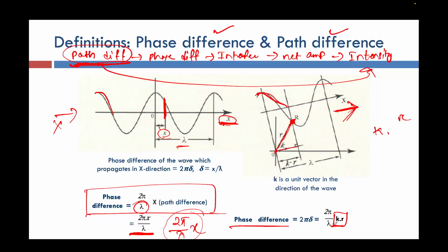Then multiplying by 2 pi by lambda, where lambda is the wavelength, gives me the total phase difference. So in any random direction, if I know the position vector of a point and the unit vector in the direction of the wave, I will be able to calculate the phase difference, right?